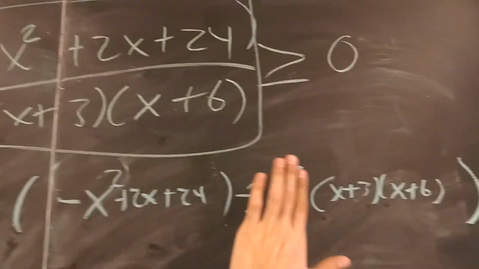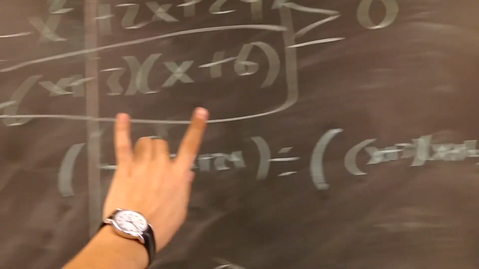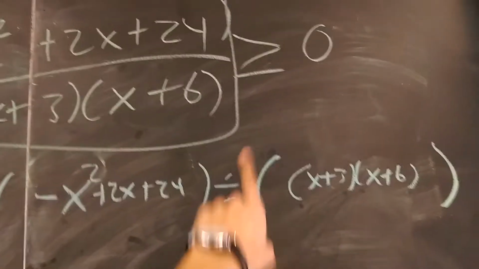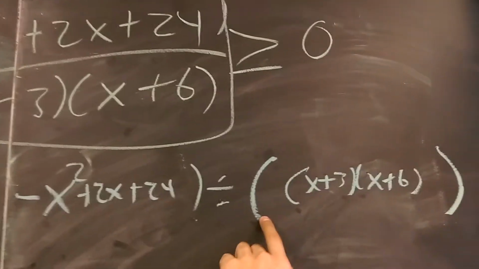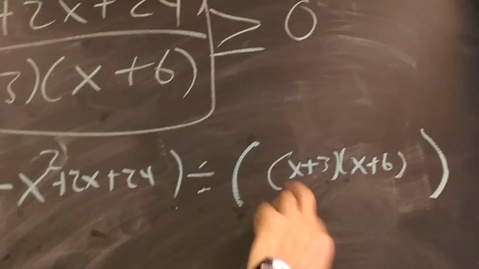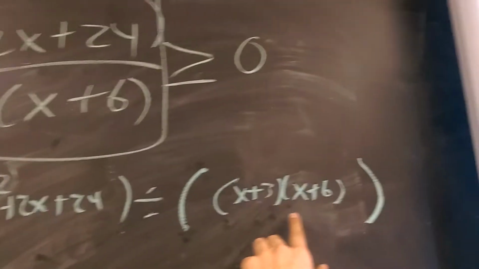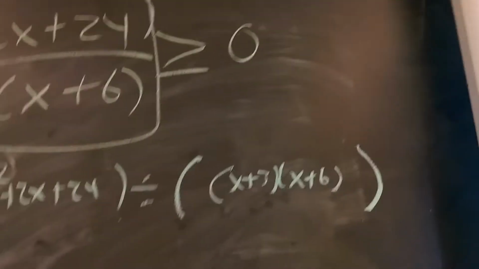Some of you might just want to put it by itself, without the parentheses, but the calculator might make a mistake, so it's better to be safe than sorry. Open up a parentheses and now put what you see here. So open parentheses, another one, x plus 3, close it. Then this one, open parentheses, x plus 6, close it, and close the big one.